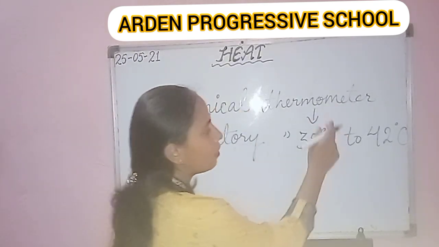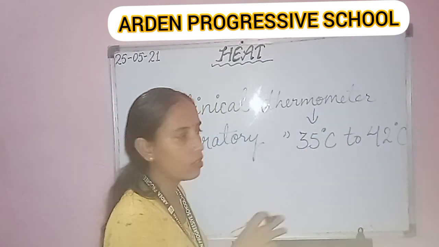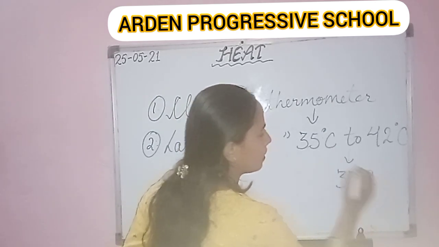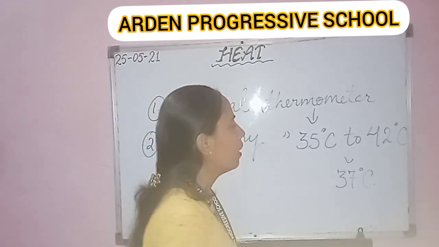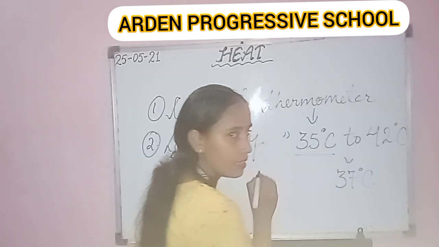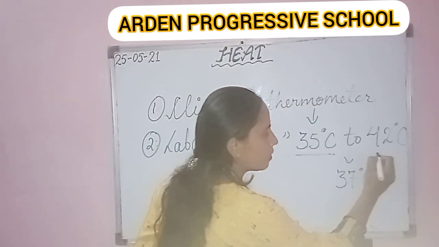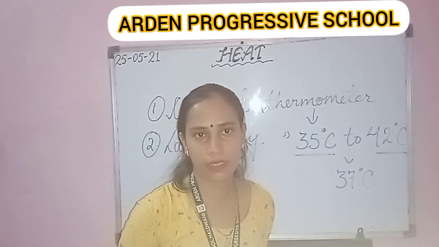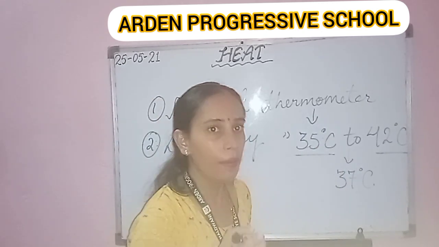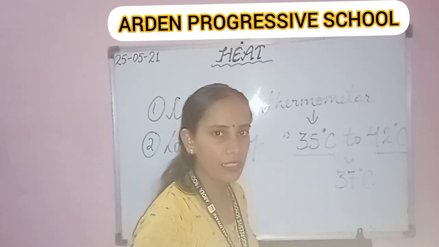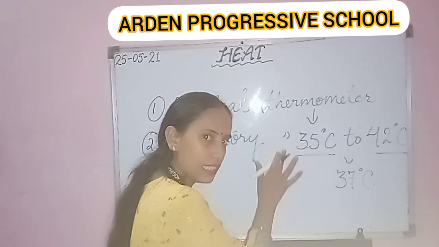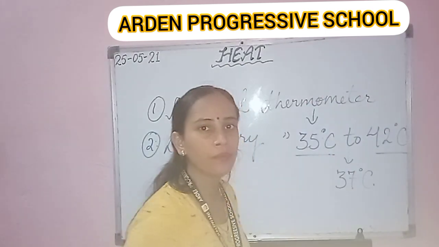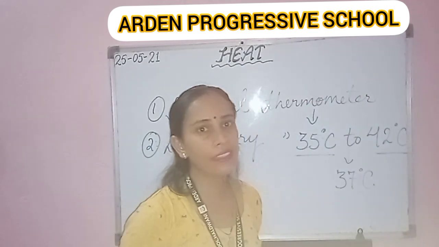And the normal body temperature of a human is 37 degrees Celsius. That is the main reason it lies from 35 to 42 degrees Celsius, because the human body temperature cannot be below 35 degrees Celsius or above 42 degrees Celsius.